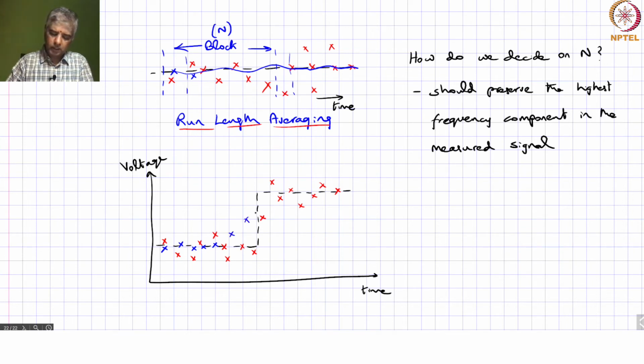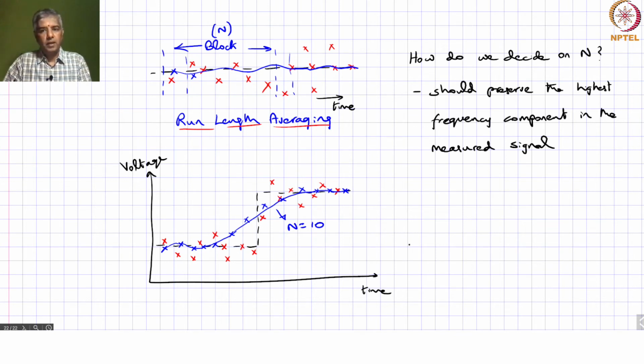So it will go like this, and then after a certain time it will be like this. So essentially you end up smoothing this transition. So this is for n equal to 10.